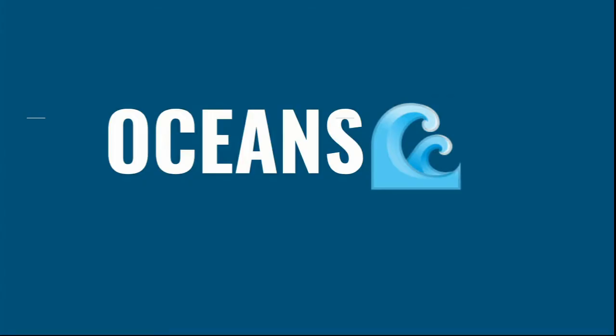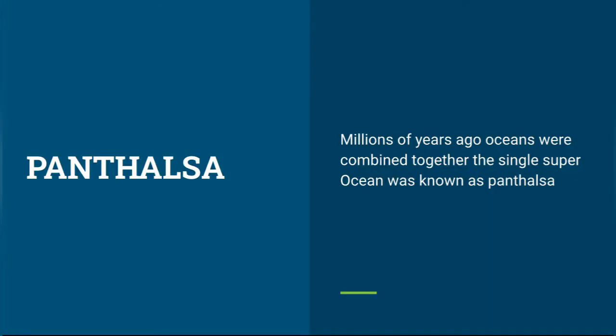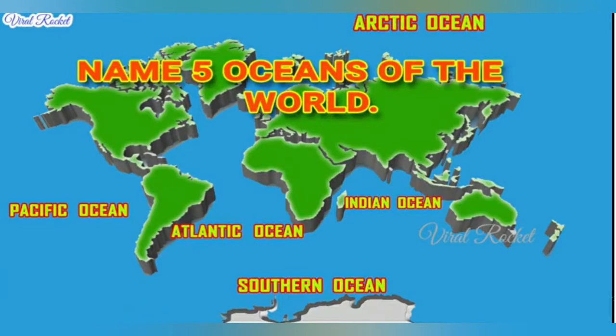Let's learn about oceans. Millions of years ago, oceans were combined together. The single super ocean was known as Panthalassa. Panthalassa is now divided into 5 oceans that are Pacific Ocean, Atlantic Ocean, Indian Ocean, Antarctic Ocean or Southern Ocean, and Arctic Ocean.